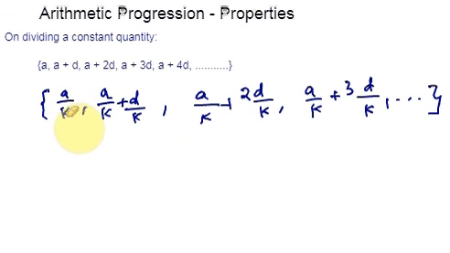And what would be the common difference? If you subtract these two, you will get d over k. Am I right? Therefore, the terms of this sequence form an arithmetic progression. So you can conclude that if each term of an arithmetic progression is divided by a non-zero constant quantity, the resulting terms are also in arithmetic progression only.